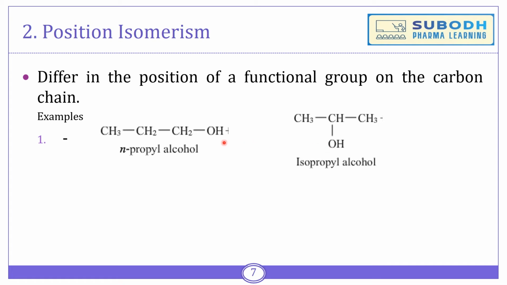In both these structures, the functional group is -OH, that is alcohol. In the first structure, the -OH group is attached to the first carbon atom of the straight chain. So the IUPAC name is 1-propanol. And in the second structure, the -OH group is attached to the second carbon atom of the straight chain. So the IUPAC name is 2-propanol.